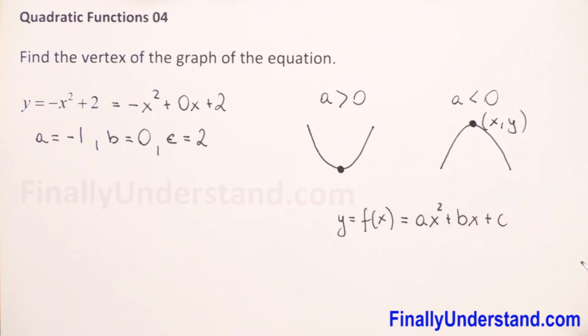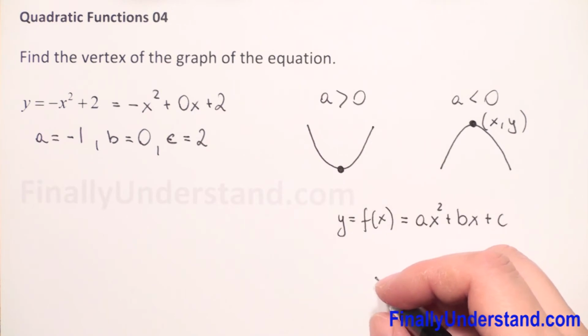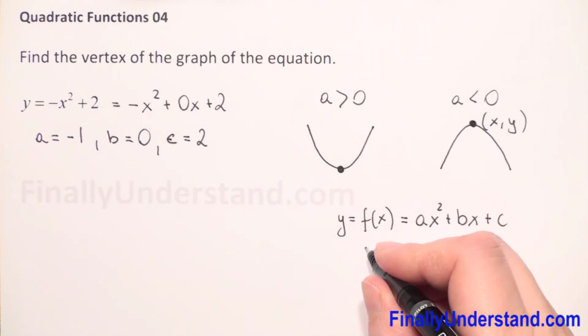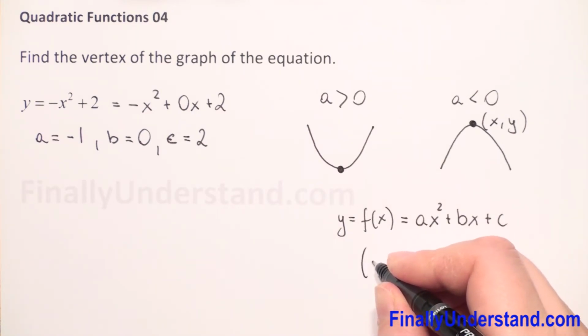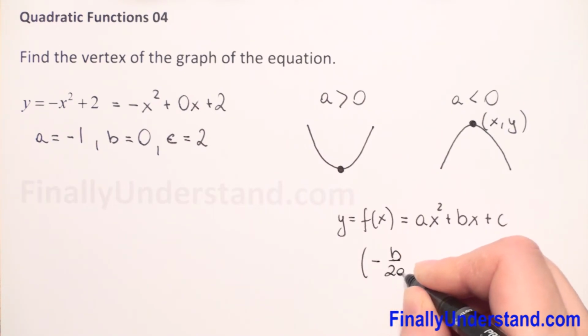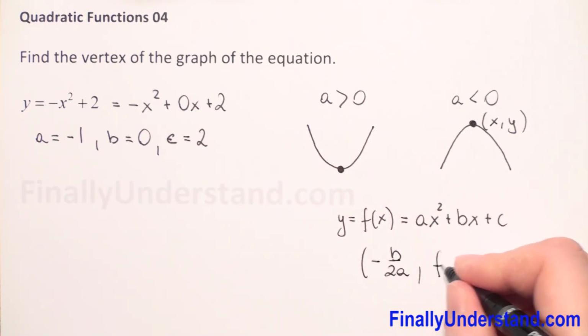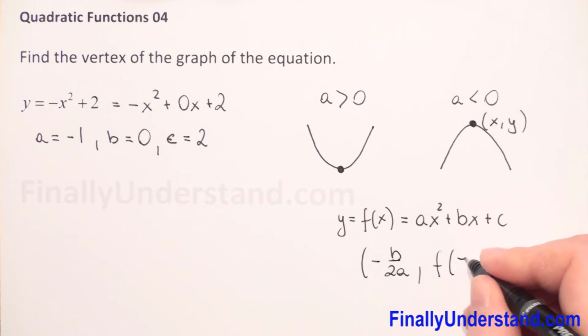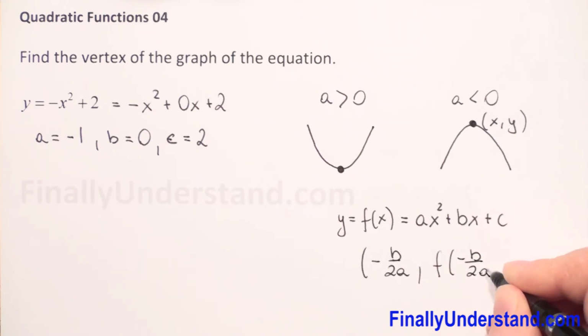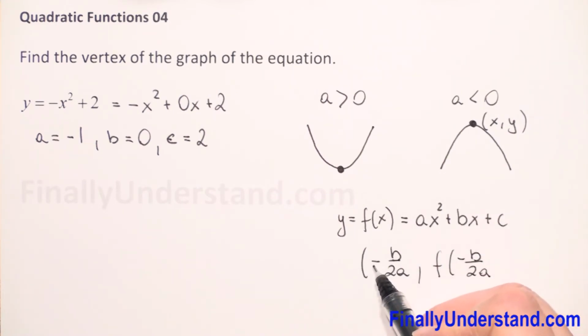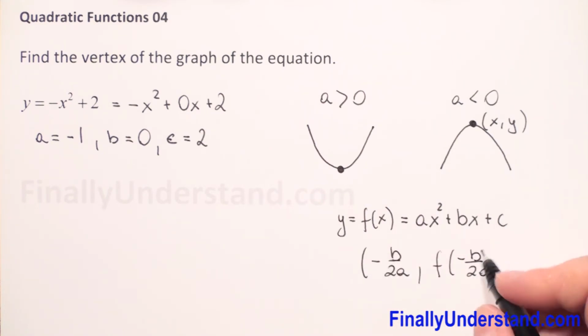And let me remind you of the formula. When we have the general form of a quadratic function, the coordinates of the vertex are: the first coordinate is negative b over 2a, and the second is the value of the function at negative b over 2a. It doesn't matter if I write this negative sign before the whole fraction, or I can take this negative sign to the numerator.